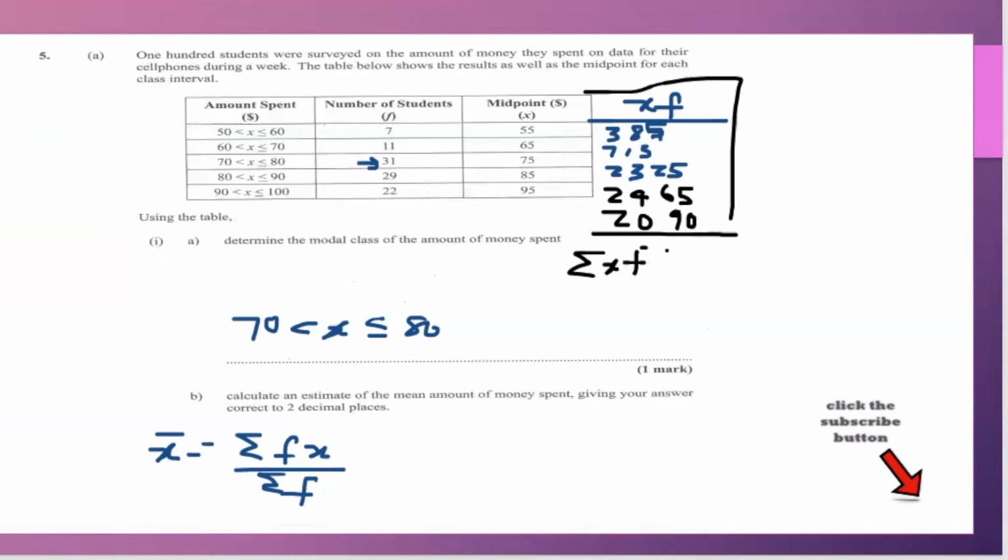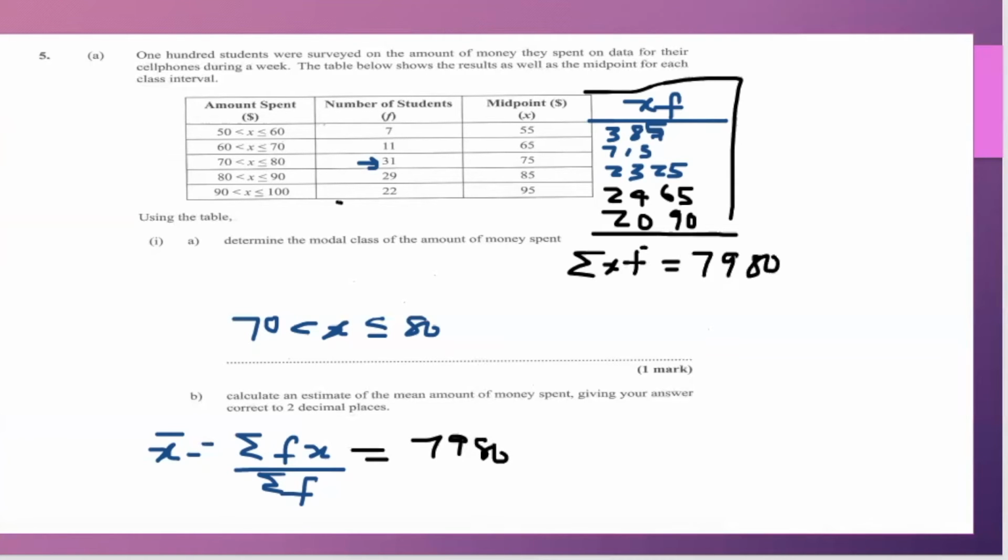So we are going to add. So we have 385 plus 715 plus 2,325 plus 2,465 plus 2090. That will give me 7,980. So here I will have 7,980.